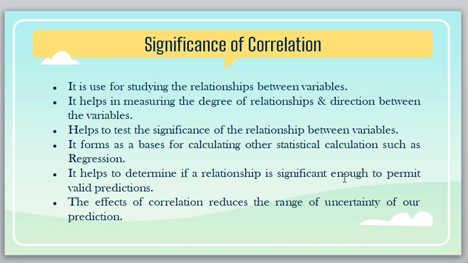Next, it helps to test the significance of the relationship between the variables. It forms the basis for calculating other more rigorous statistical measures, such as regression. It helps to determine if a relationship is significant enough to permit valid predictions, and the effect of correlation is that it reduces the range of uncertainty of our prediction.